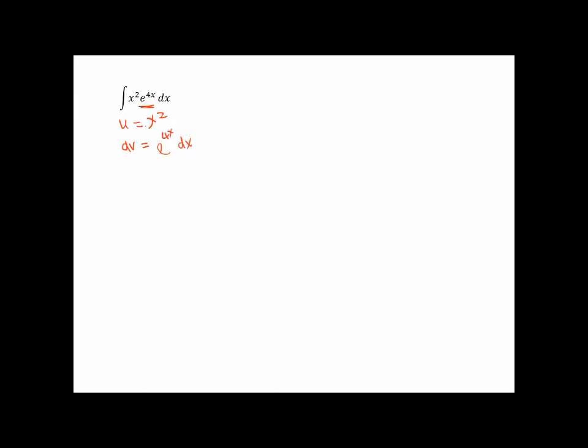If I put these two together, I go back to my question, x squared e to the 4x dx. So du is 2x dx, and v is simply e to the 4x times 1/4.